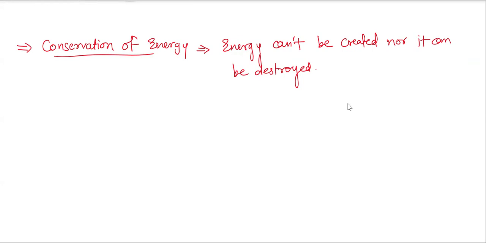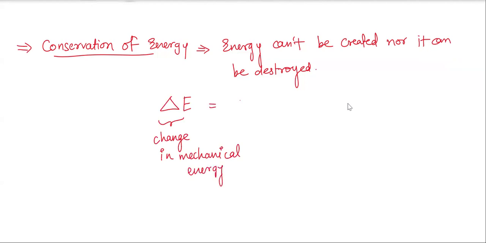And usually, if there is any kind of change in energy, in simple terms we will say change in mechanical energy, it will be equal to some work done plus some heat that is generated.